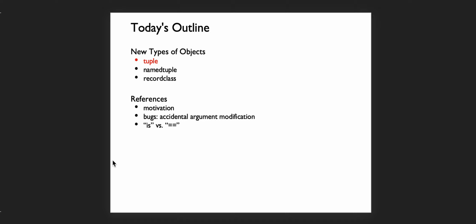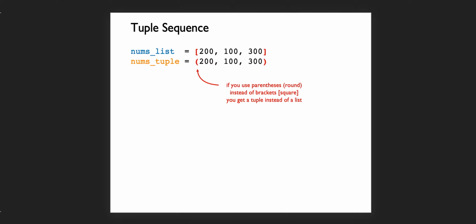Alright, the first thing that we are going to cover as part of today's lecture is a new data type called tuple. There have been a lot of questions about tuples in this class. A few of you have asked, can I initialize a list with parentheses instead of square brackets? That would create a tuple for you. Getting a grasp of tuples is going to be quite simple if you have a good grasp of how lists work.